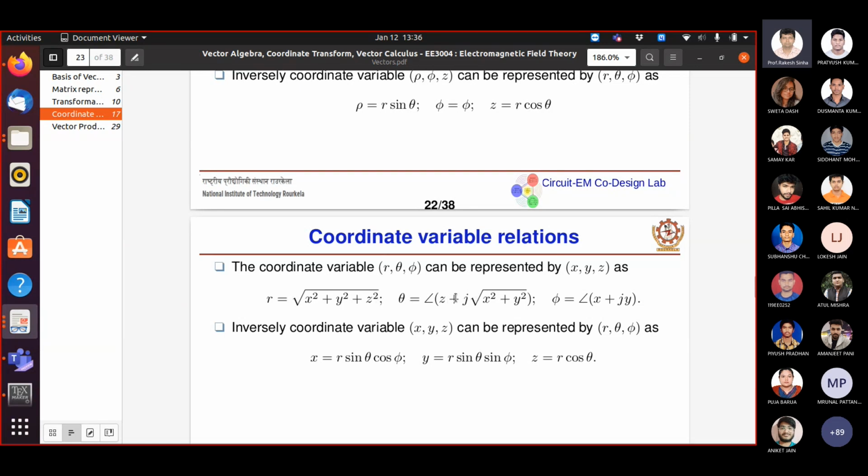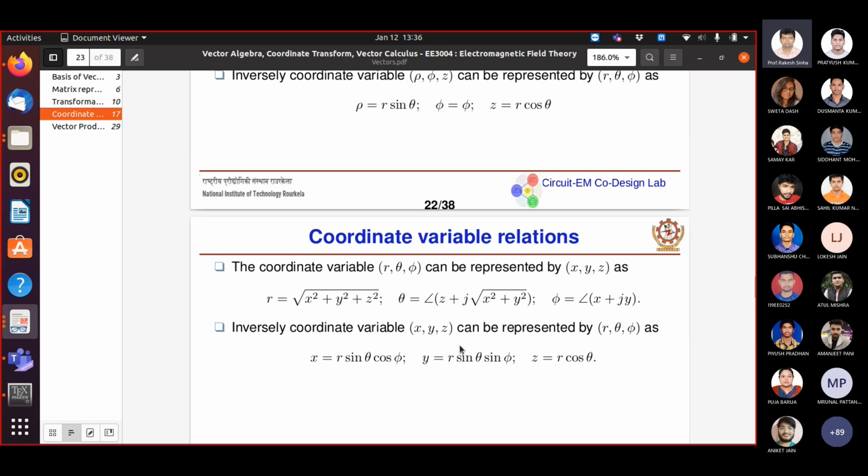Theta is the angle between z and rho, where rho is the square root of x square plus y square. In this way you can find theta, and phi can be found as the angle of x plus jy.